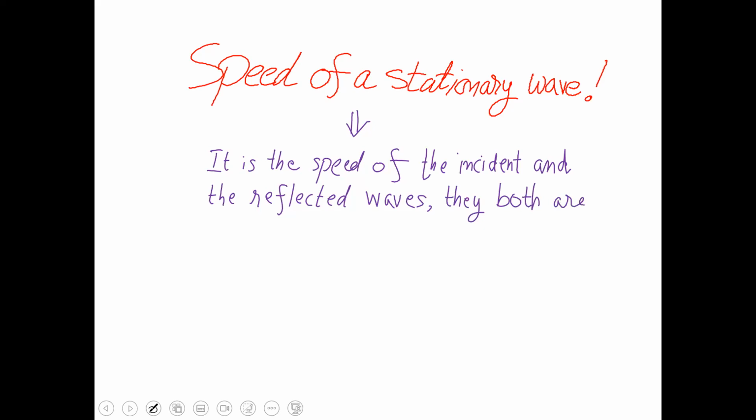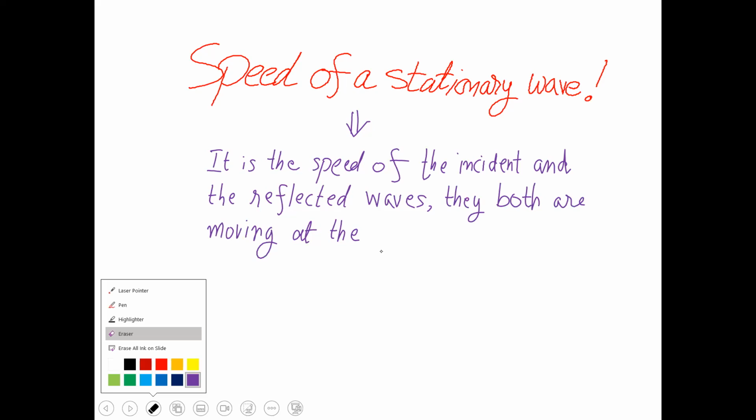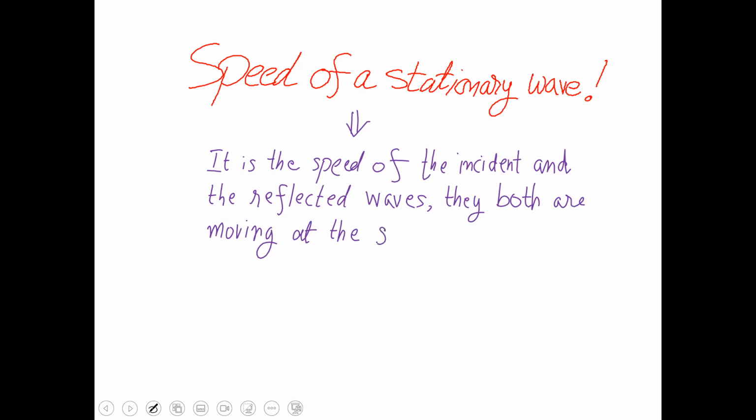They both are moving at the same speed. So this is the concept.